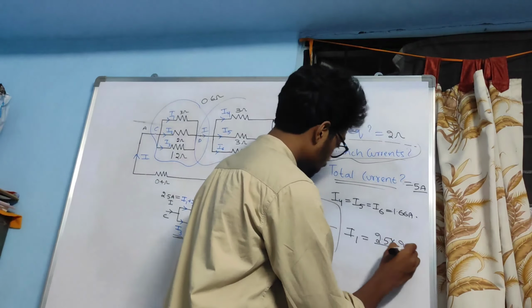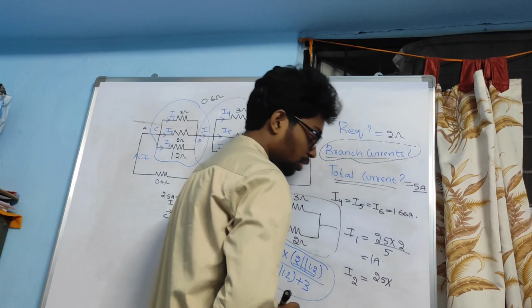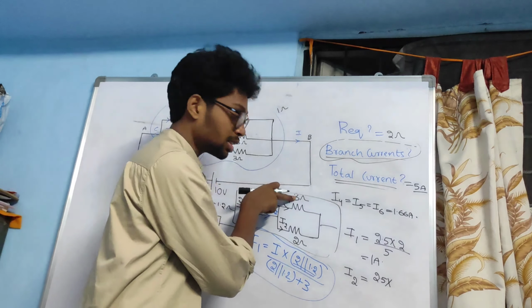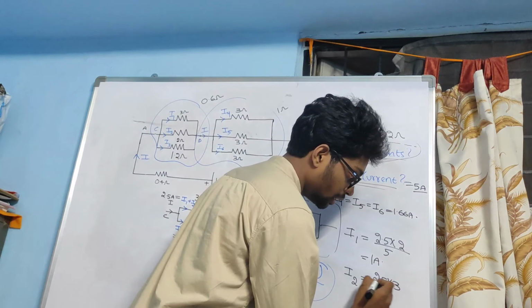We will get 1 ampere. Okay, for finding I2, by current division rule, total current I1 plus I2, that is 2.5, into opposite branch resistance 3 divided by sum of two resistances, 3 plus 2 equal to 5. We will get 1.5 amperes.